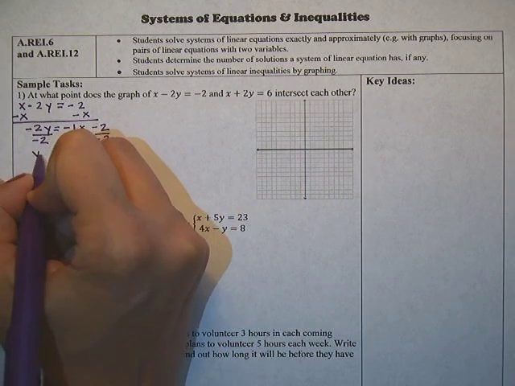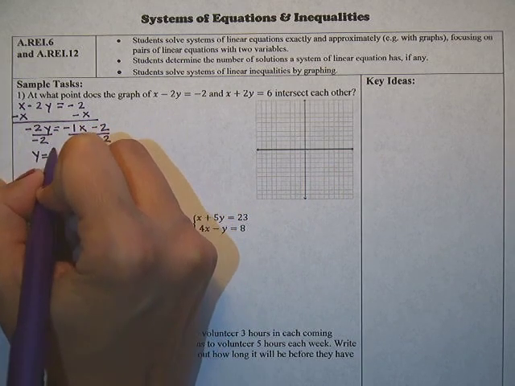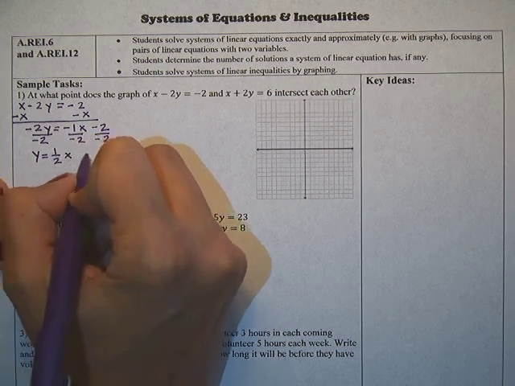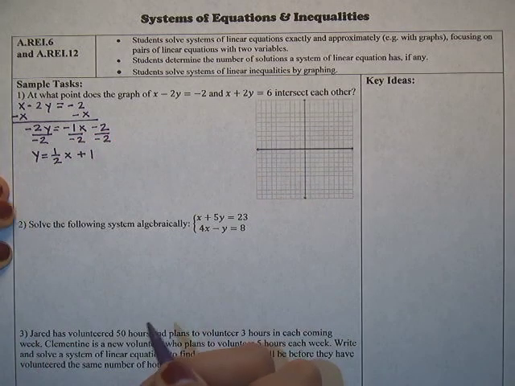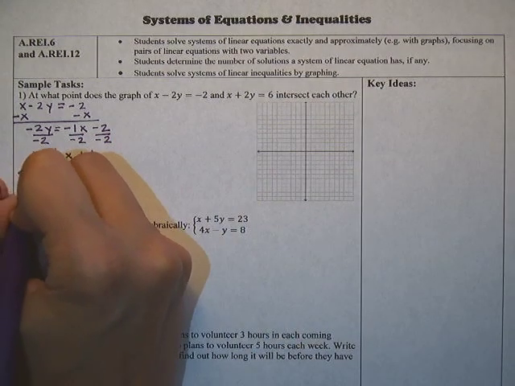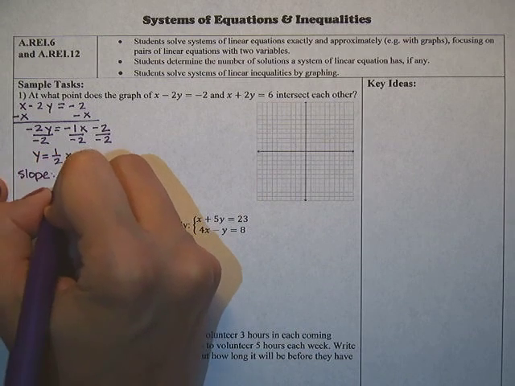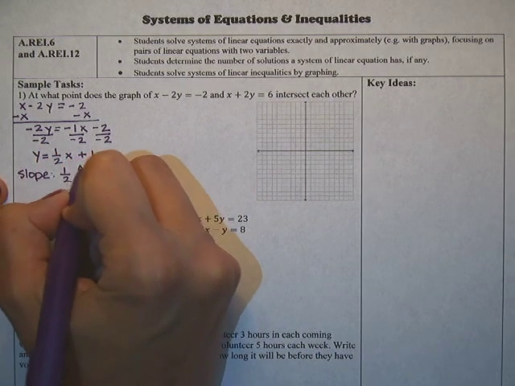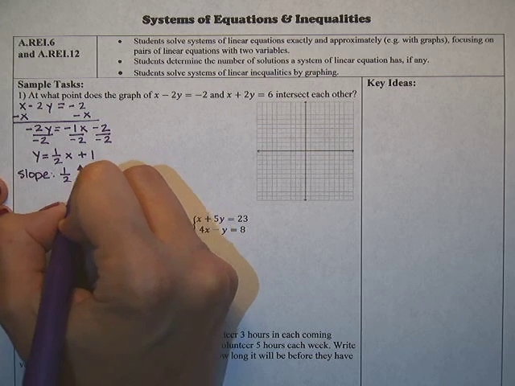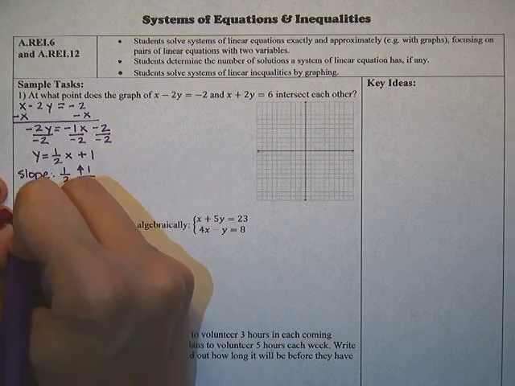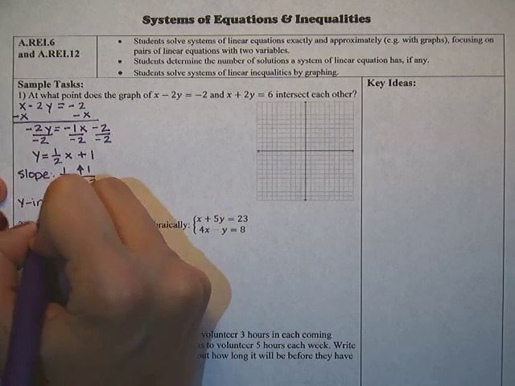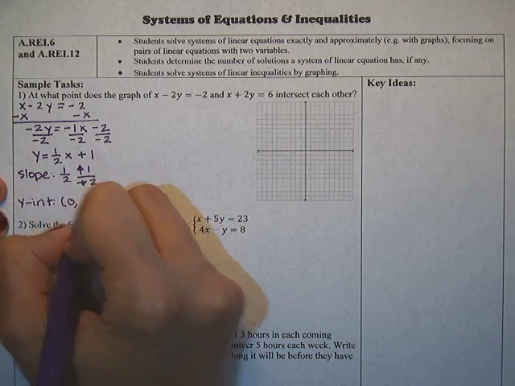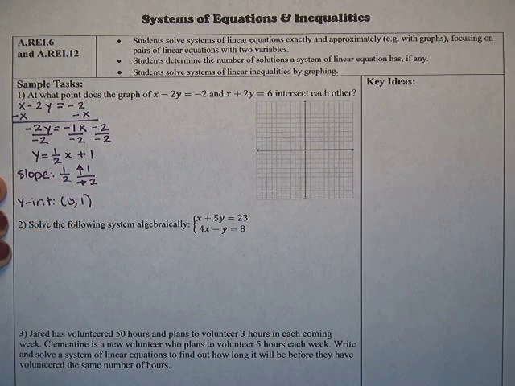And we get y equals, a negative divided by a negative is positive, 1/2 x plus 1. So in this equation, our slope is 1/2. So we're going to go up 1, forward 2, and our y-intercept is (0, 1).